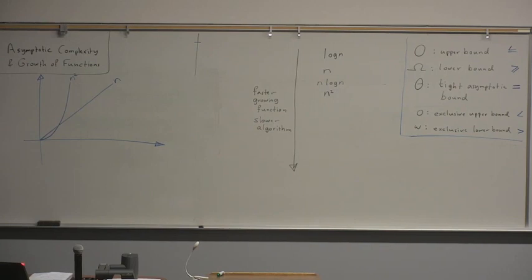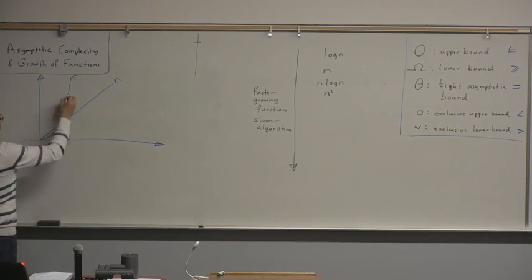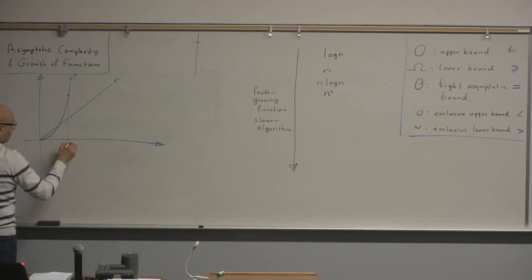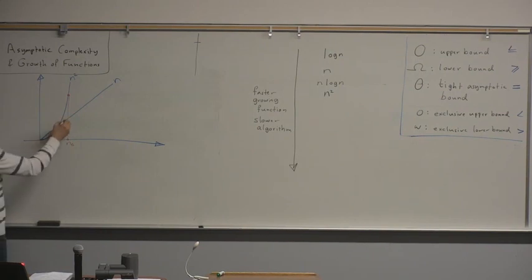It means that the number of operations increases. So if we look here, for a certain n, the number of operations performed by n is less than the number of operations performed by n squared. And if we increase n, the difference is going to get bigger and bigger, right?